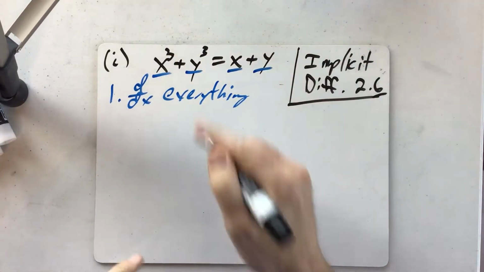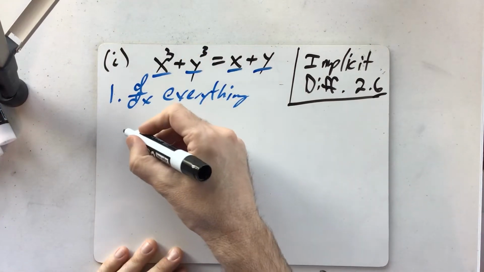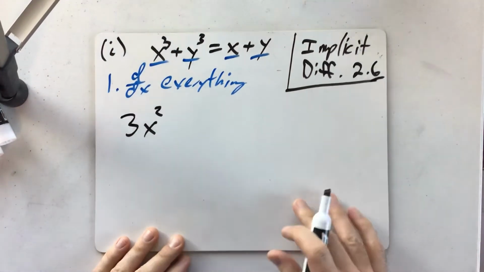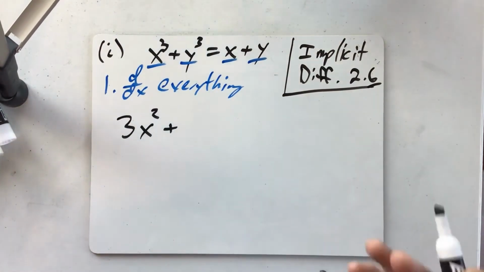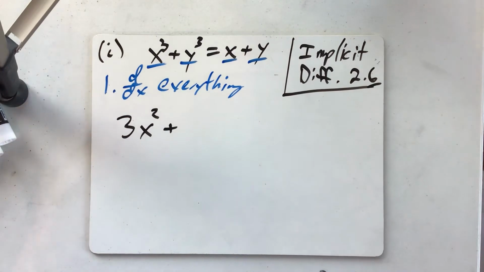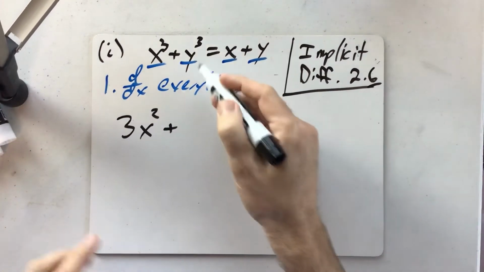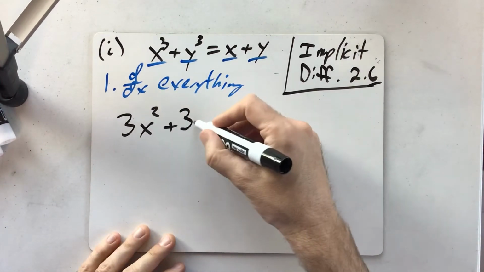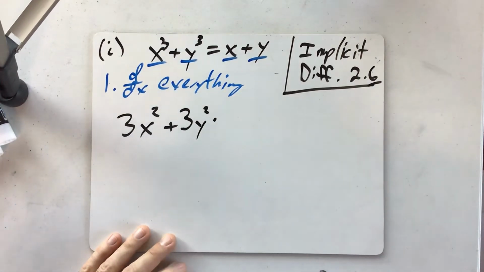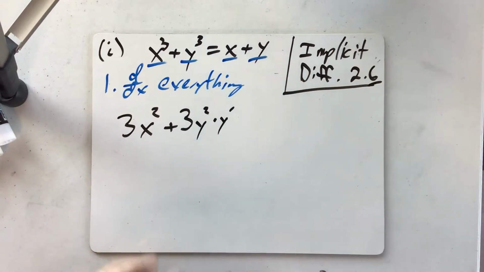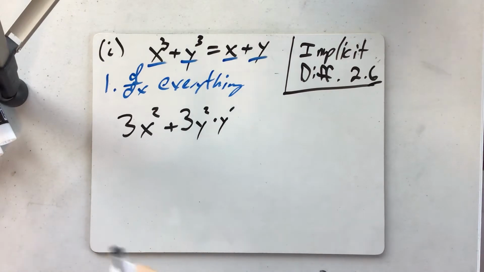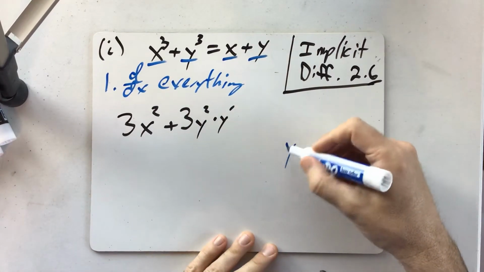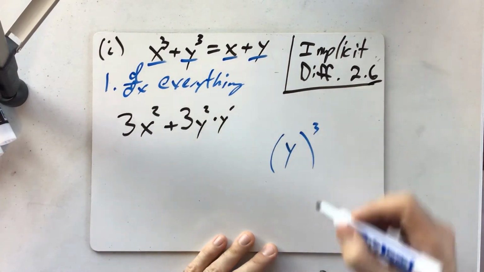If I take the derivative of the left-hand side, the derivative of x cubed is 3x squared. We're really good at that one, right? Now when we get to the y cubed, it's a little confusing. But if you've gone through 2.6, we know the derivative of y cubed is 3y squared times y prime, or dy/dx. Why is that? Think of this as a function where y is on the inside and cubed is on the outside.